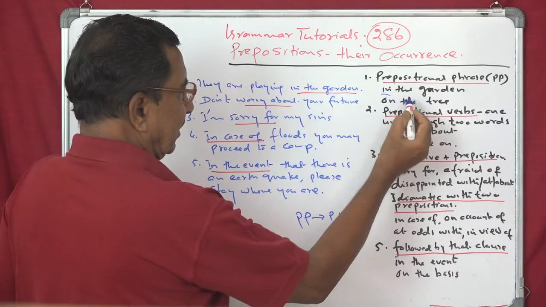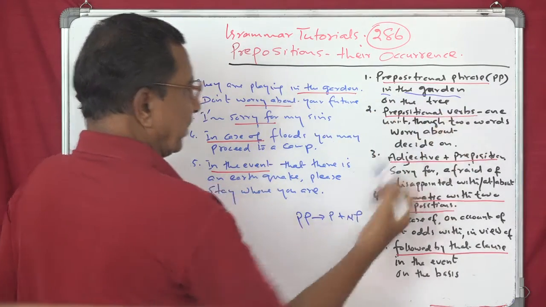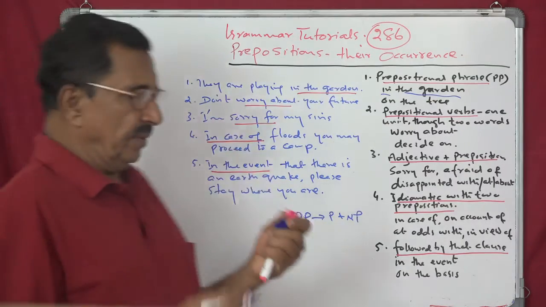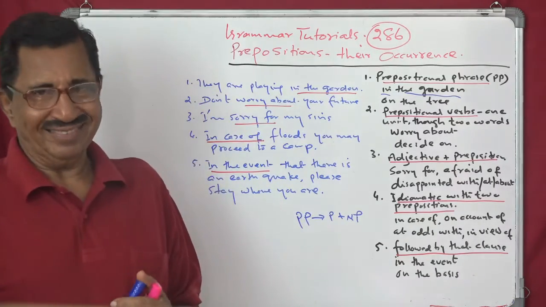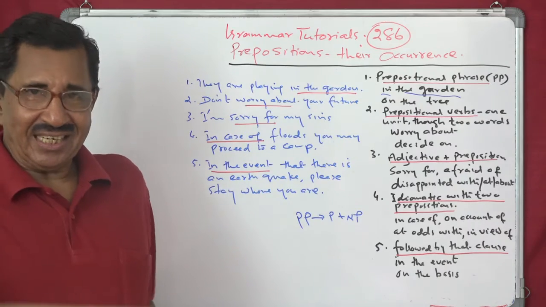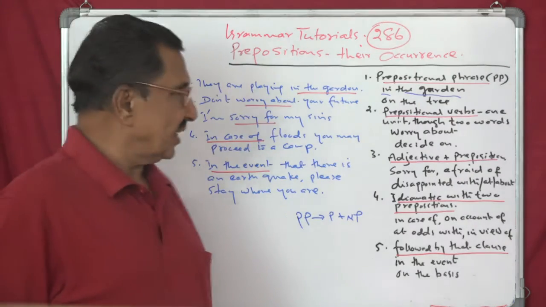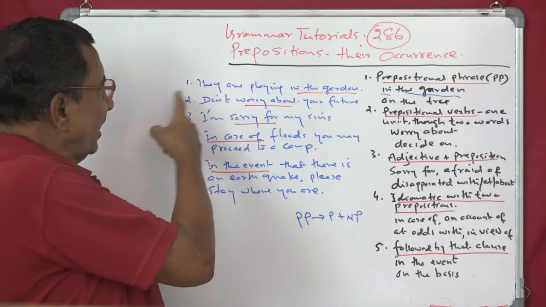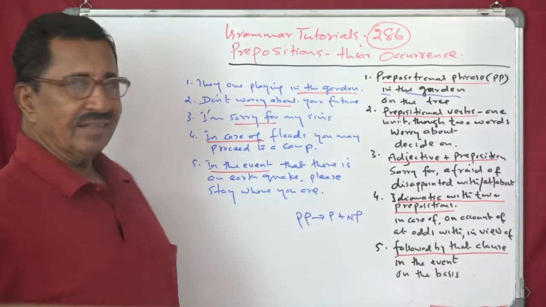This is preposition, this is NP. It can be with or without an article, that is definite or indefinite. Example here, they are playing in the garden.